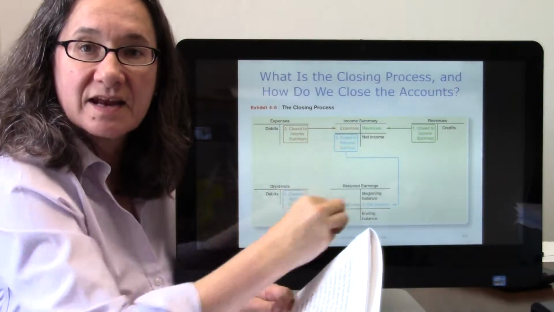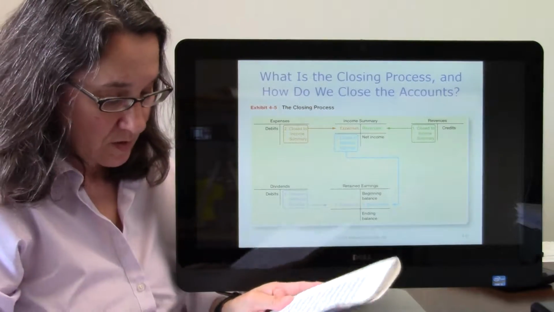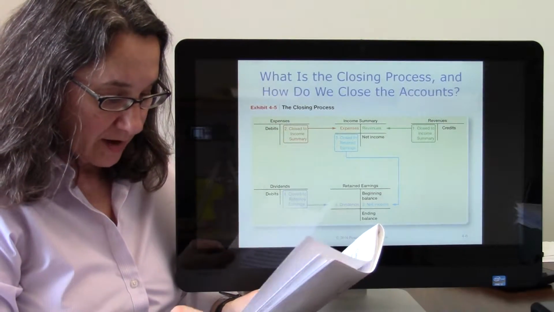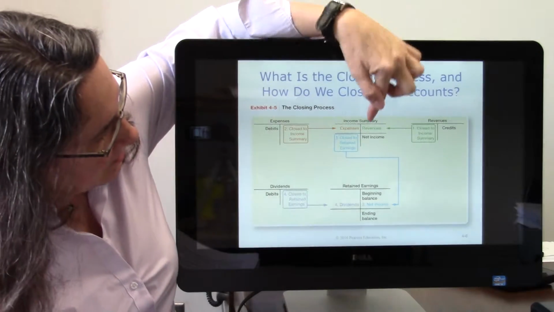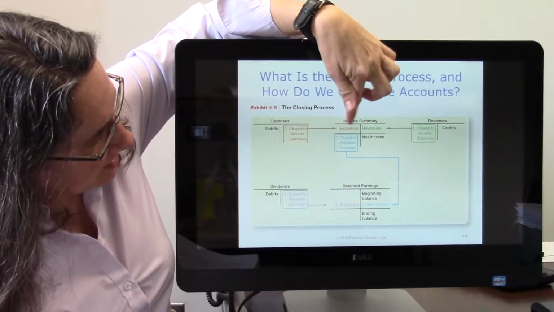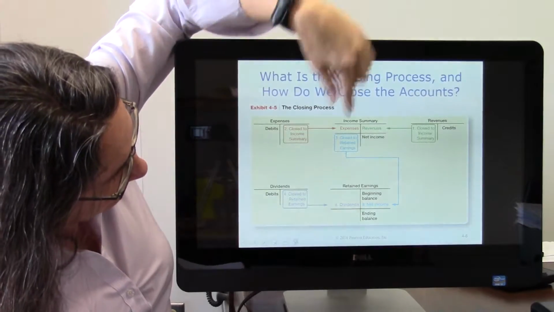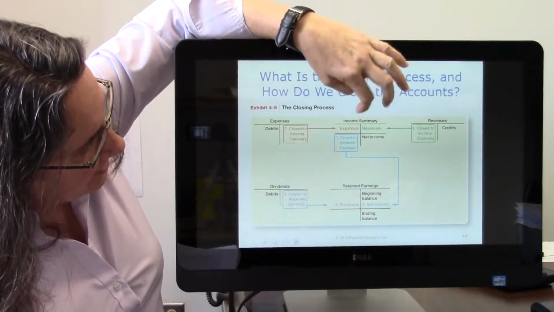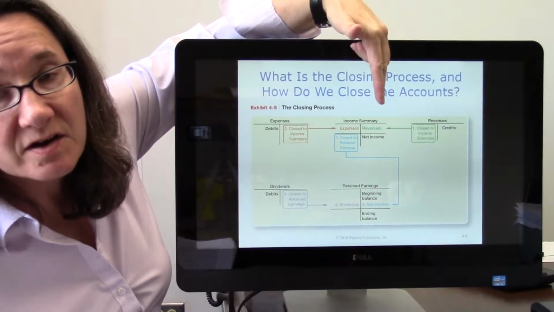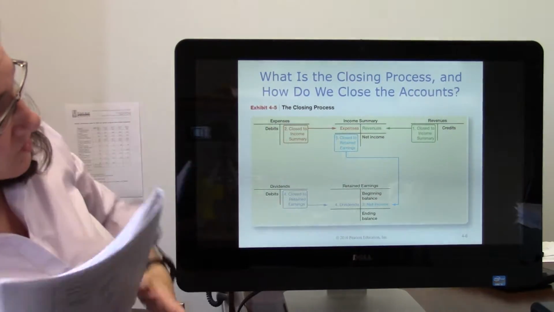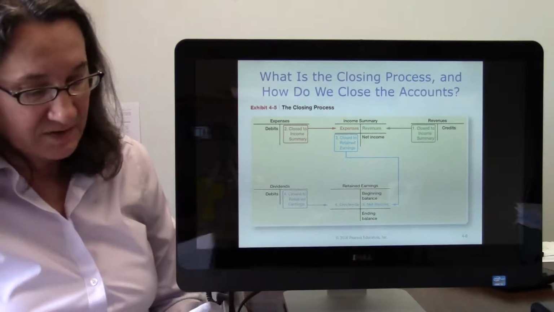This is how we get net income into retained earnings. So when you put the amount of the income out of income summary and into retained earnings, now you've zeroed this out, right? All your revenues, your expenses, and your income summary are now zero. You've moved that net income into retained earnings.